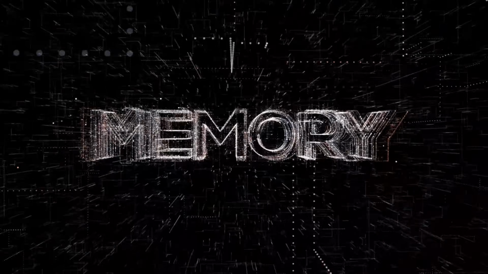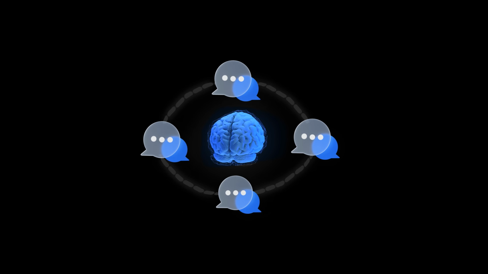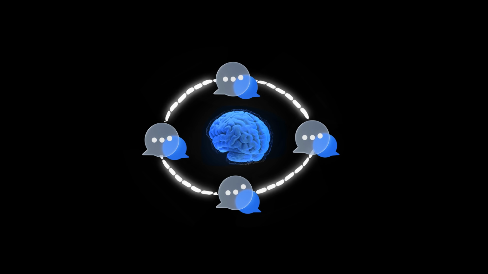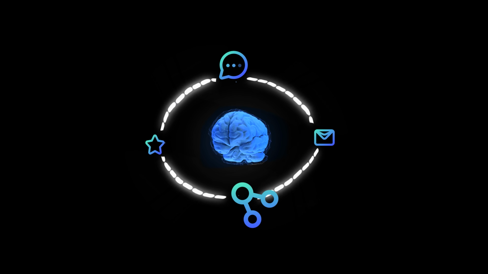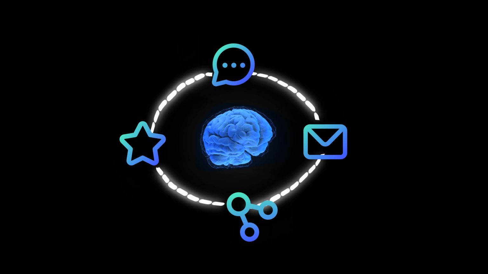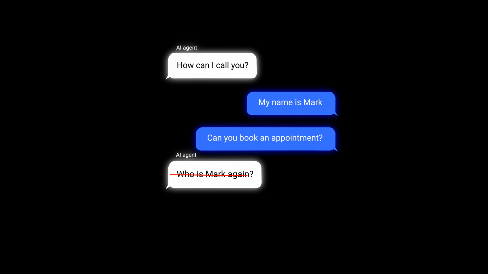Memory helps your AI remember what's already been said or done. In a simple setup, that might be just the last few messages. In a more advanced system, it could include all past conversations, key decisions, or user preferences. So, if you mentioned Mark earlier, the AI won't keep asking, "Who is Mark again?" No, it just remembers.